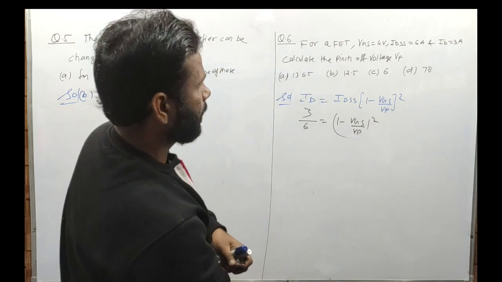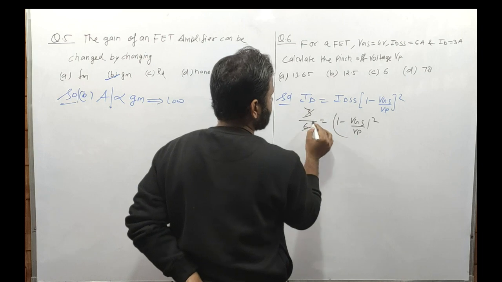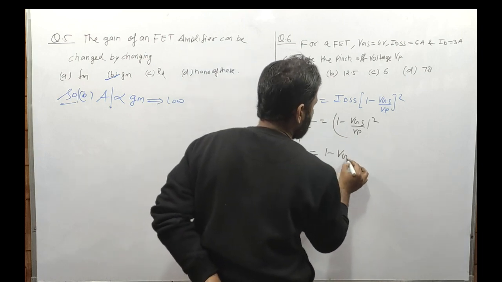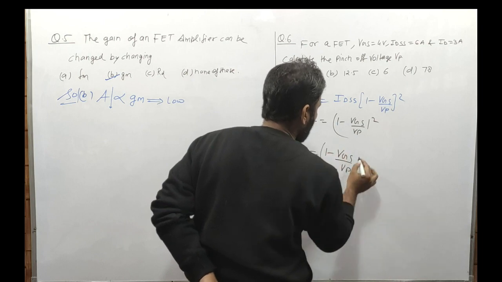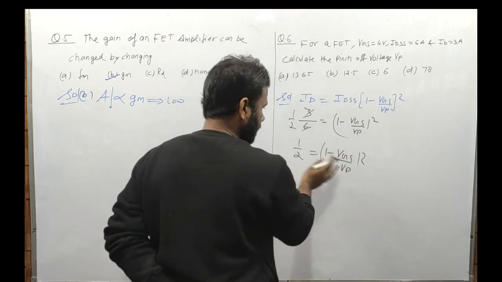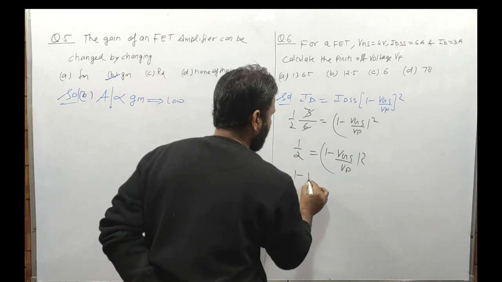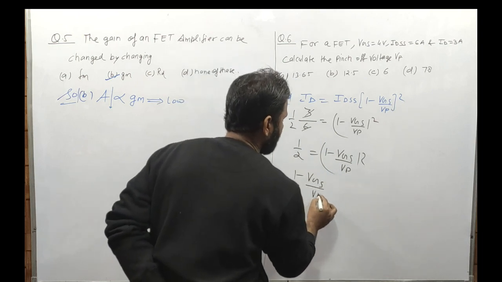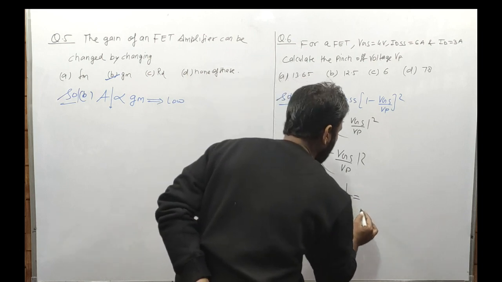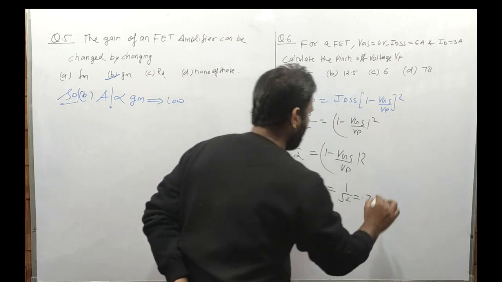सो अप्लाई करते हैं. 3/6 it is 1/2, so 1/2 equals to 1 minus VGS upon VP का whole स्क्वायर. क्लियर है? Now just take the root, that is 1 minus VGS upon VP, if I remove the square, it is √(1/2), and 1/√2 की वैल्यू होती है 0.707. क्लियर है यहाँ तक?